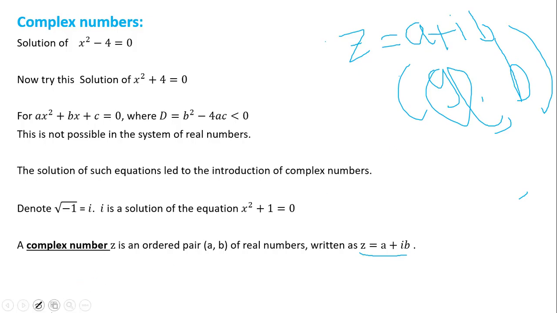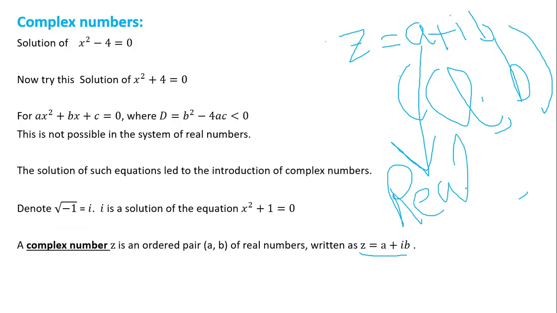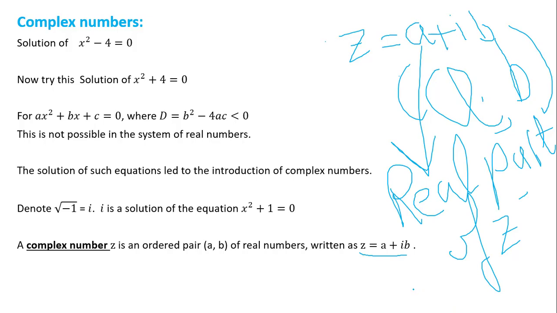Here the first part, a, is known as the real part of the complex number Z, denoted by Re Z. So real part of Z equals a.